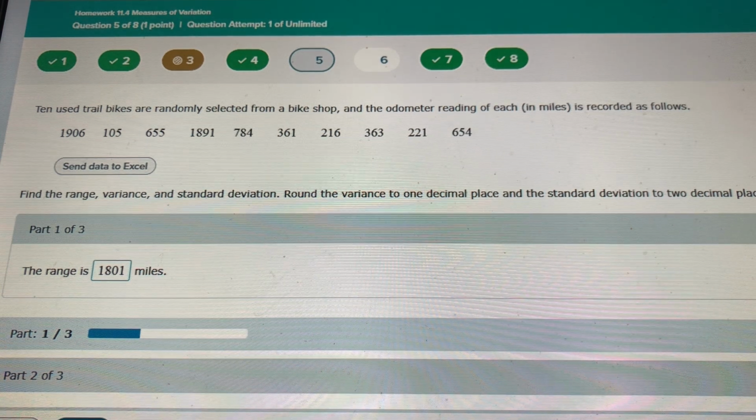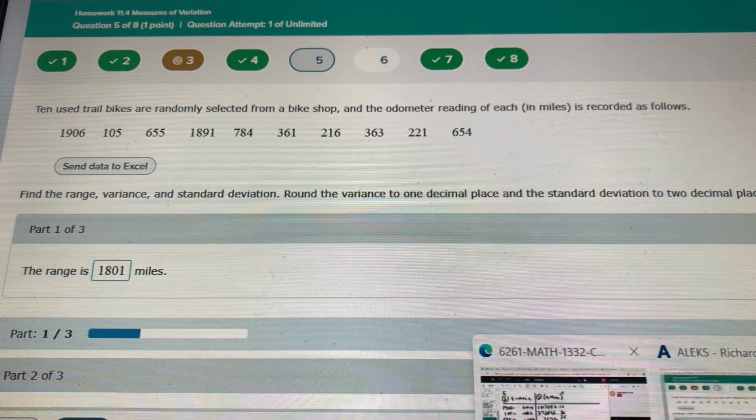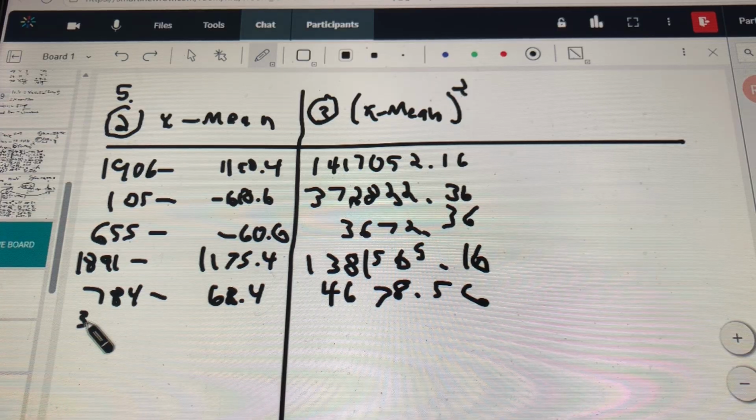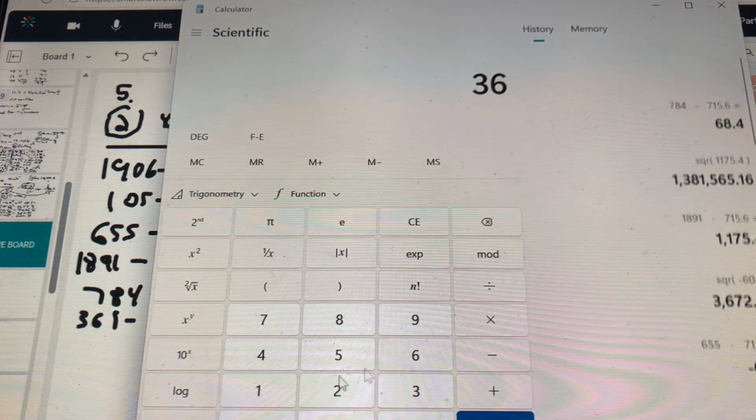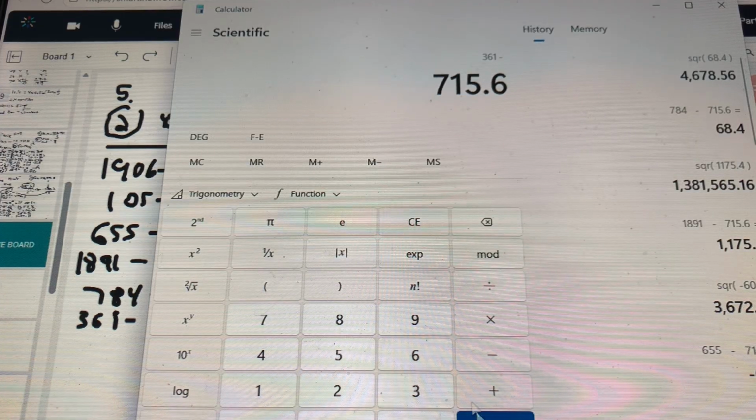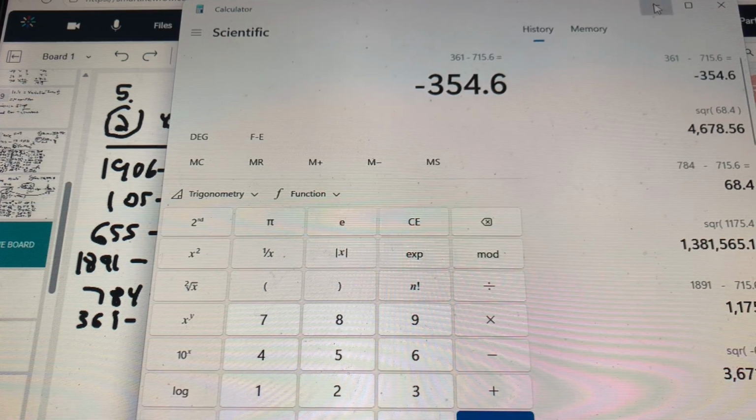Okay, 361 is the next one. 361 minus the mean is negative 354.6.